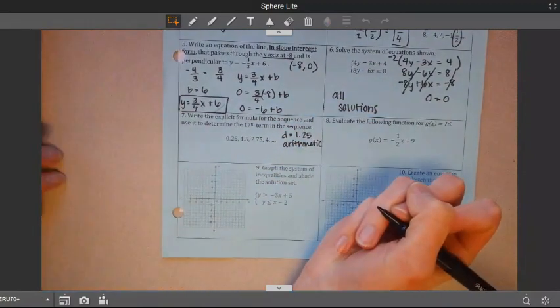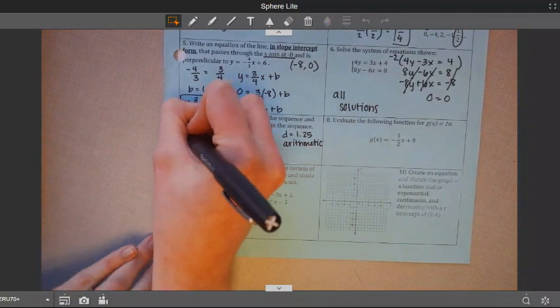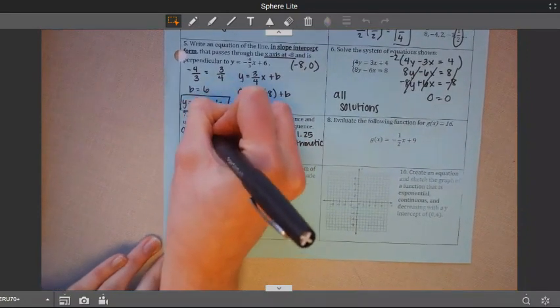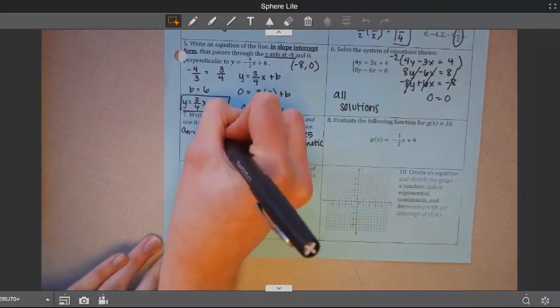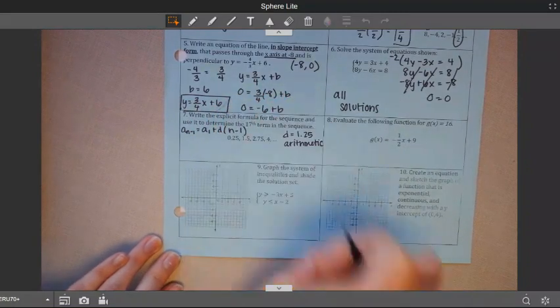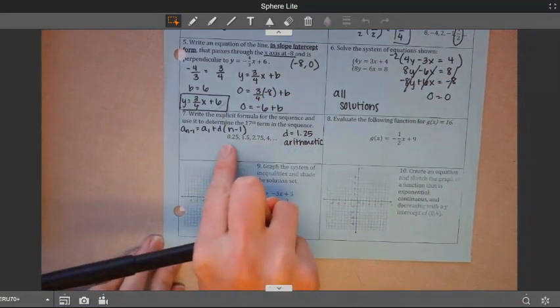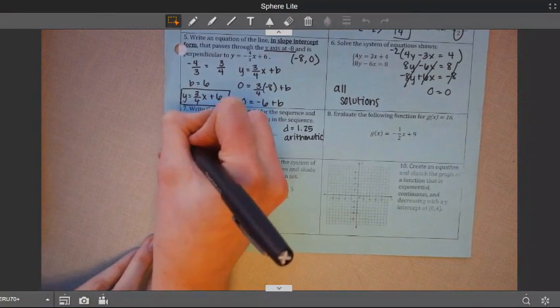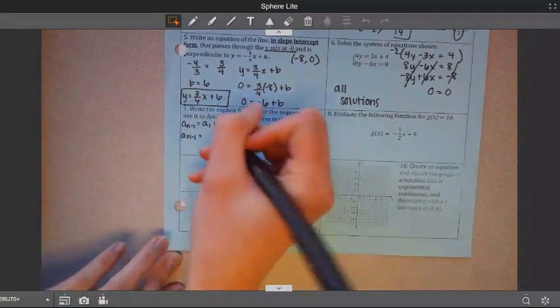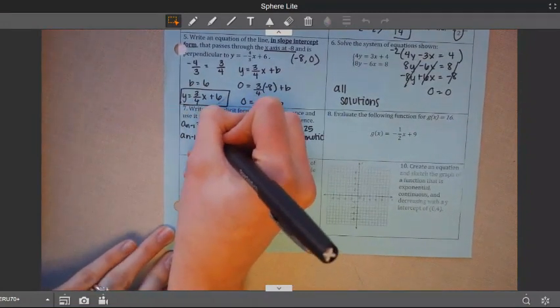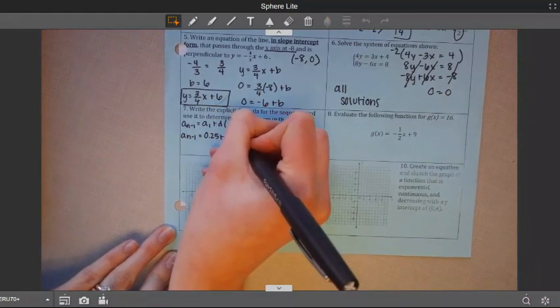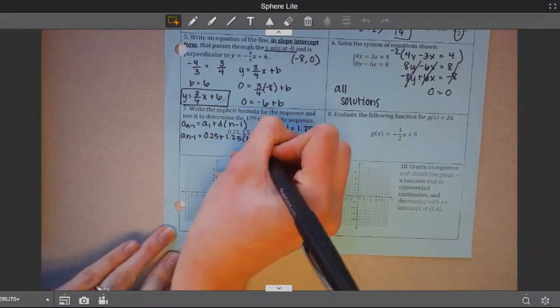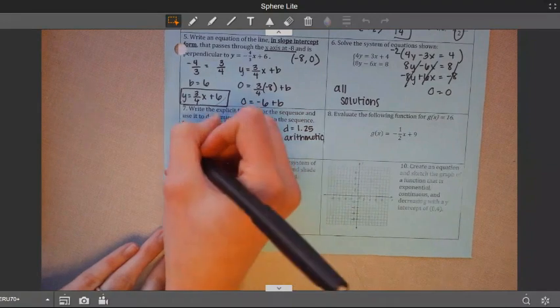And the explicit formula for arithmetic is a sub n is equal to a sub 1 plus the common difference times n minus 1. So I've got my common difference. I know what the first term is. So a sub n is equal to 0.25 plus 1.25 times n minus 1. And I want to use that for 17.